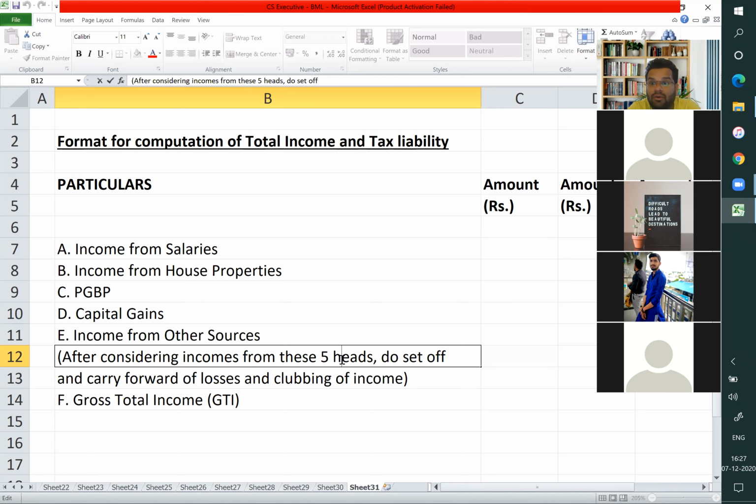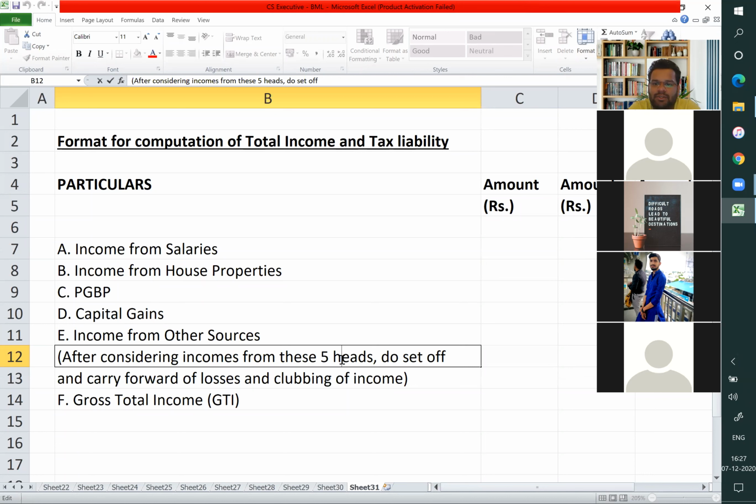Sometimes a particular head of income may have a loss. Example, in house property, suppose I have a loss of 2 lakh rupees and I have business income of 14 lakhs. So what will be my gross total income?